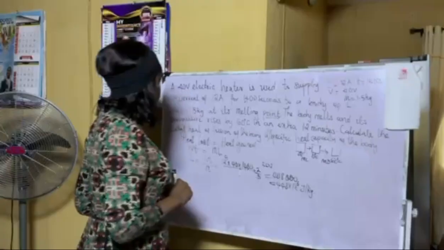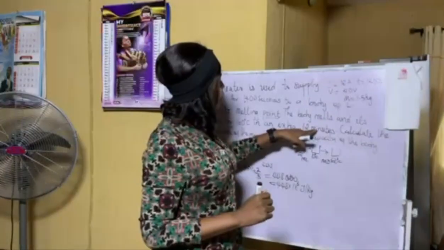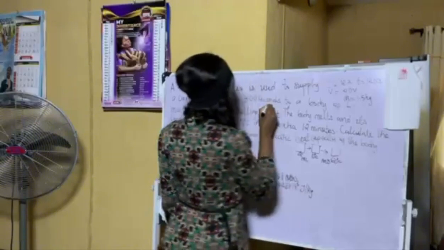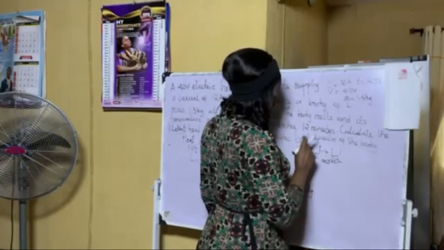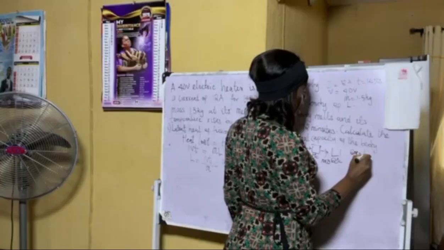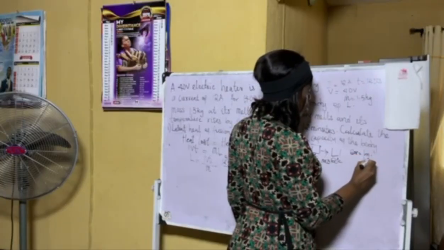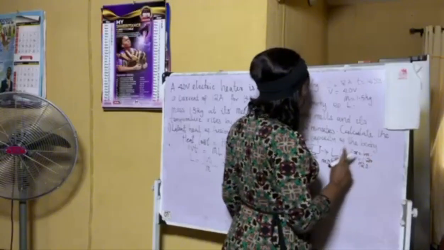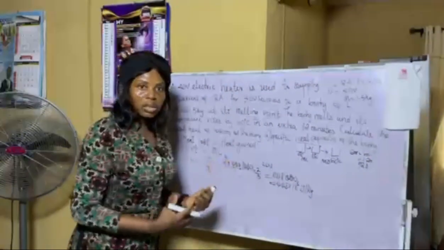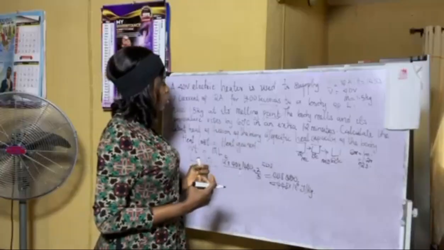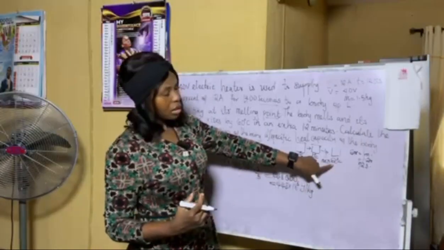So in this case now, we are told in an extra 1.2 minutes. We have to change the minutes to seconds to make sure it has the same unit as time. So 60 seconds is equal to 1 minute. Therefore, 1.2 minutes is equal to 72 seconds. Because they say an extra, it means an additional 72 seconds for the rise in temperature of 60.